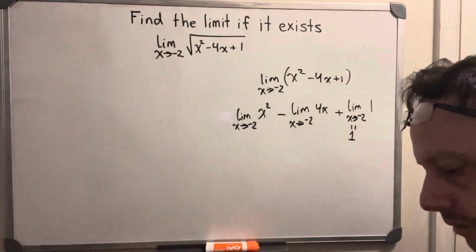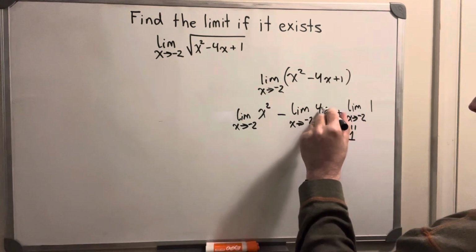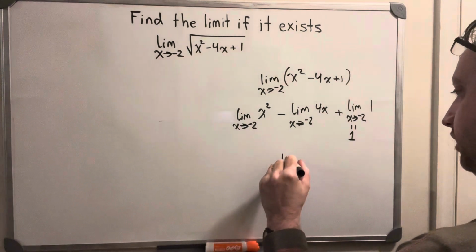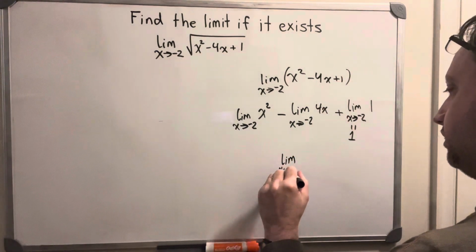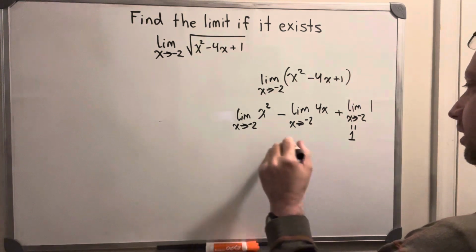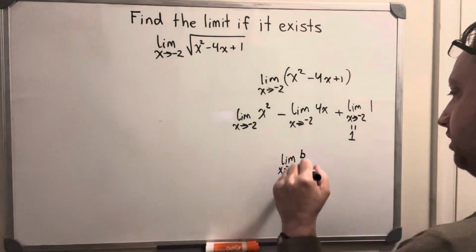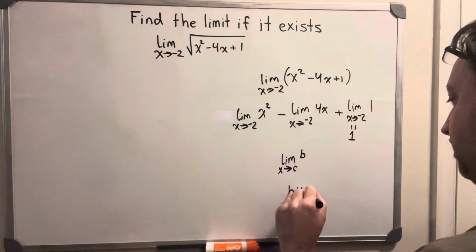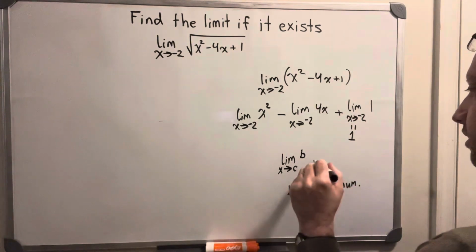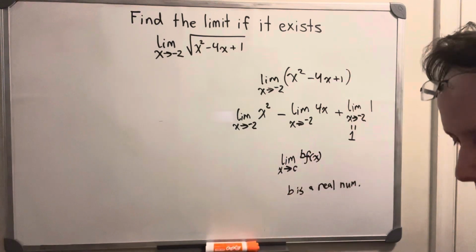There's also a proof that for a constant times a value, there's this limit theorem. We know that the limit as x approaches c of b times f of x, where b is some constant real number and f of x is some function.